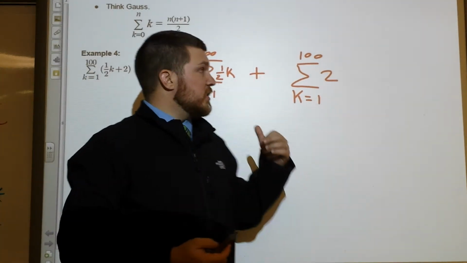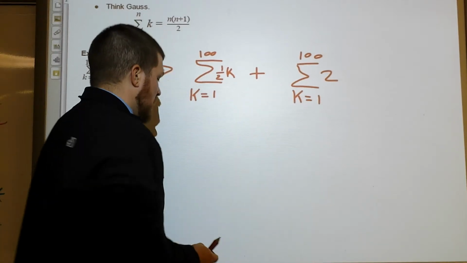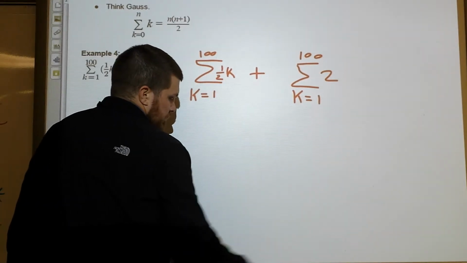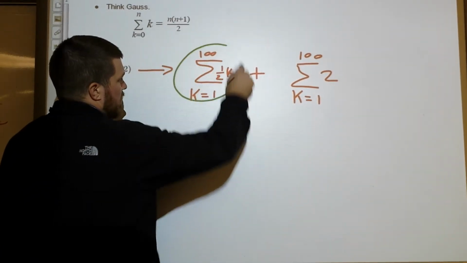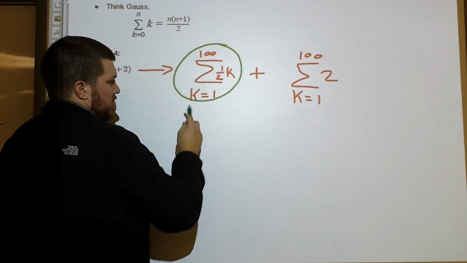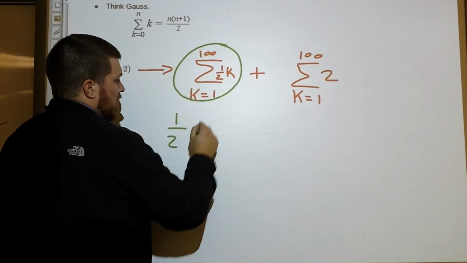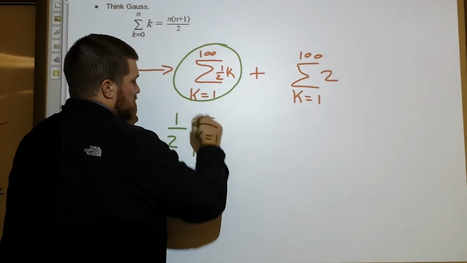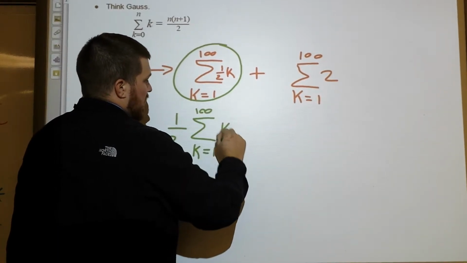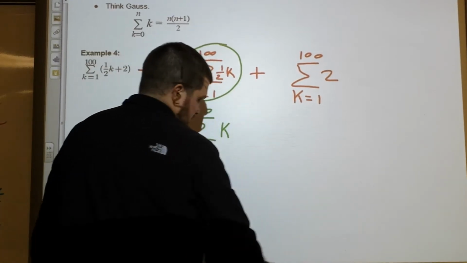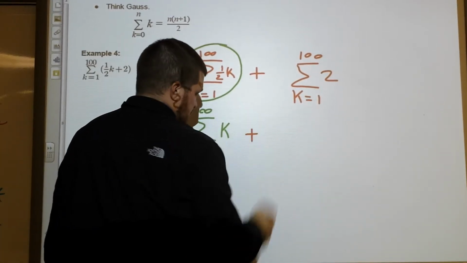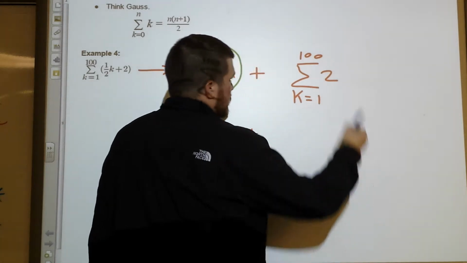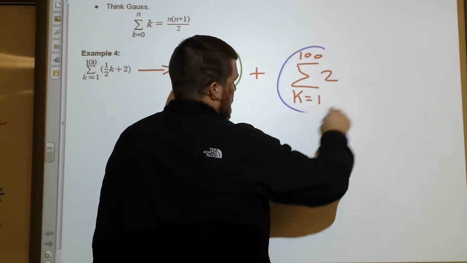This is our 4th identity, so we're going to go as far as we can. Remember, for this one, coefficients get to come out. So I'm going to rewrite this as 1/2 sigma from the first term to the 100th term of k, plus, just falls down.